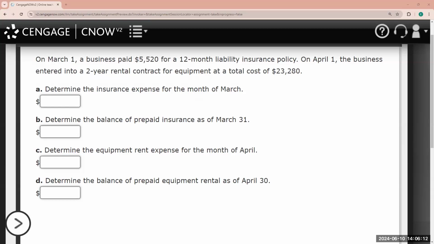All right, so based on this information, A asks us, determine the insurance expense for the month of March. So in this case, we see we paid $5,520 for a 12-month policy. So to solve A, we need to do the following.